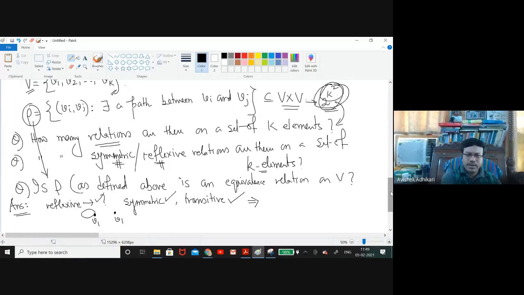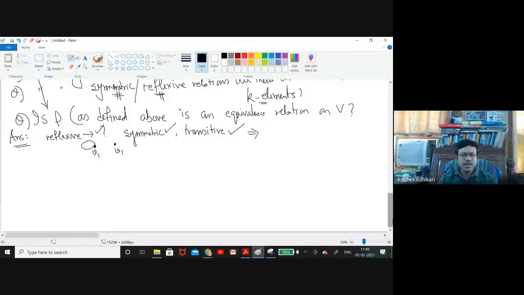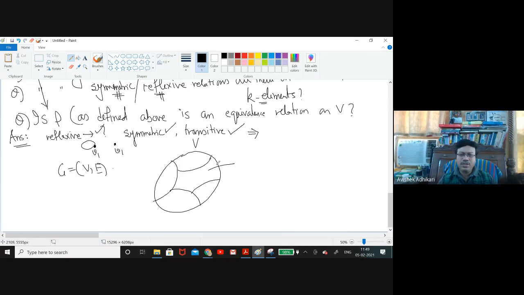Now we come back to our business. What we understand is that if G equals V and E, then we can always define an equivalence relation on V. As a result, V will be partitioned into disjoint subsets. Now tell me what each of these equivalence classes stands for.